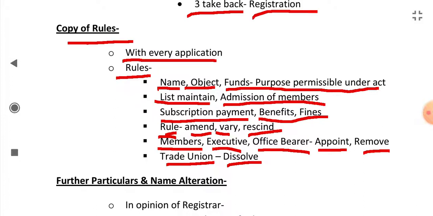A copy of these rules will be submitted with the application for registration.